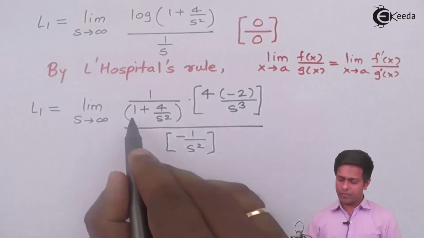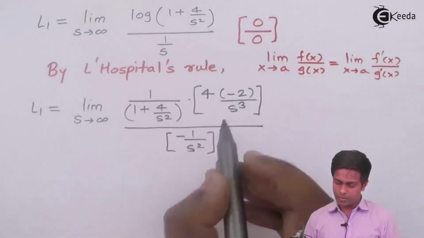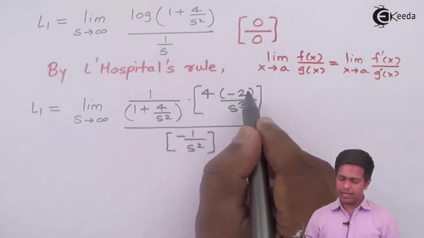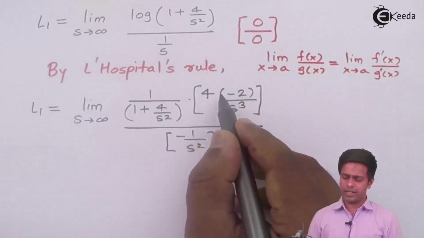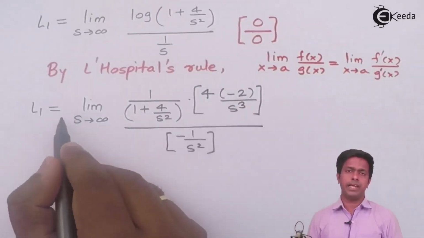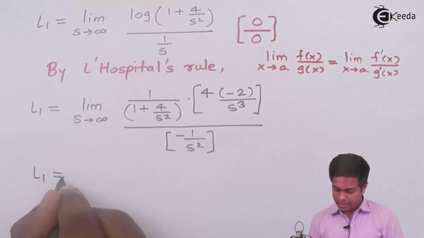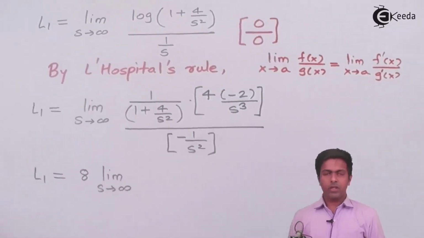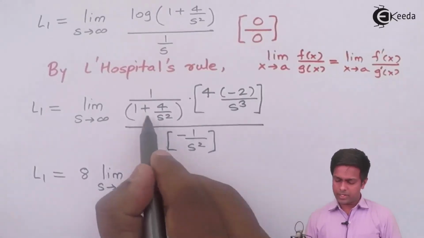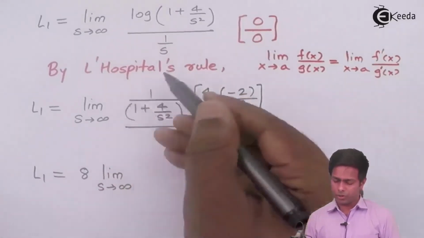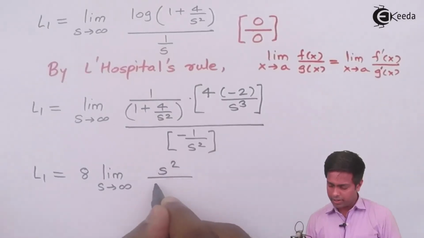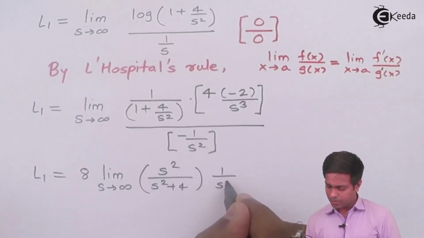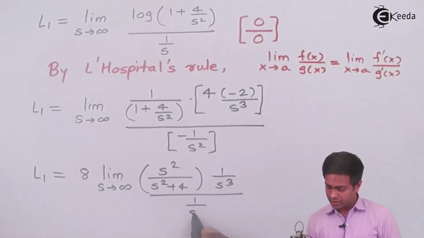Before that, let's simplify this. Here this will become 4 into minus 2, that is minus 8, and this is minus 1, so I can take the minus 8 and minus 1 constant outside, which will be 8. So L1 is 8 into limit s tends to infinity. Now this will become s square plus 4 and this s square will go in the numerator, so s square upon s square plus 4, and here we have 1 upon s cube upon 1 upon s square.